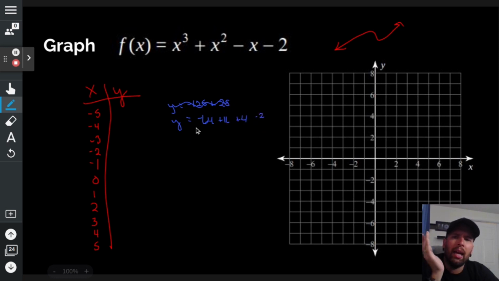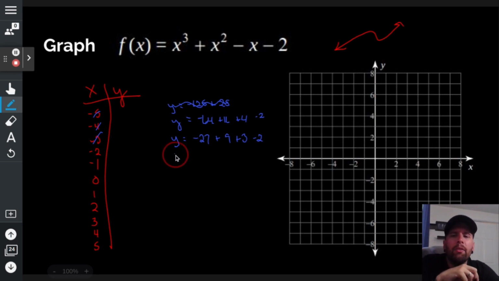Minus 2, again, too big. If I plug in -3, I get -27 plus 9. Minus -3 is +3. And then minus 2. So that's going to be -17, I think. Either way, too big. Now it's probably going to be manageable, because I went from huge numbers to -17. I'm getting to the point where I should be able to graph it soon.